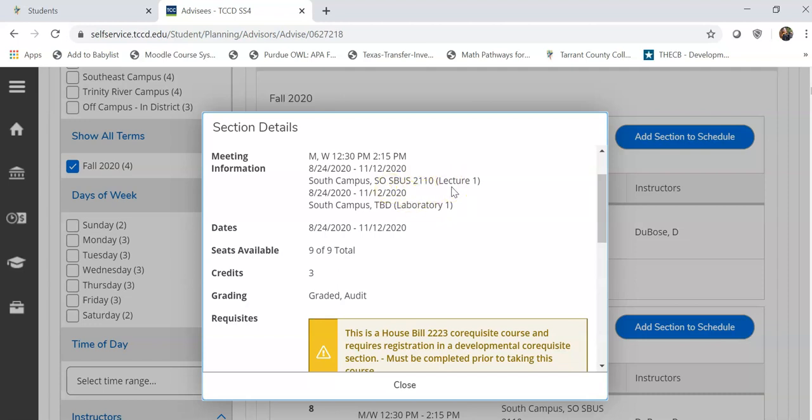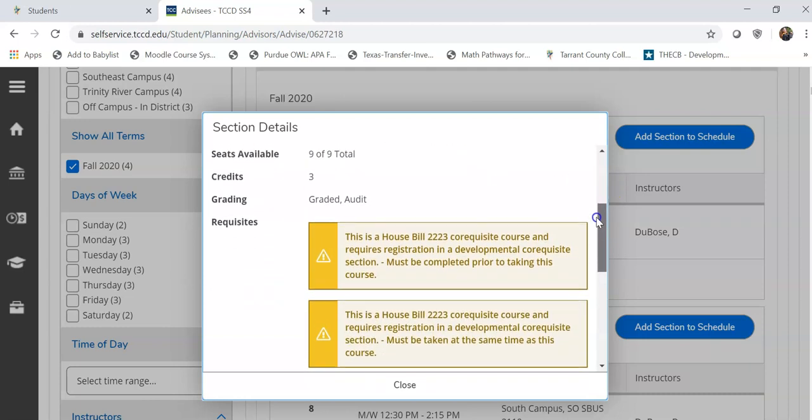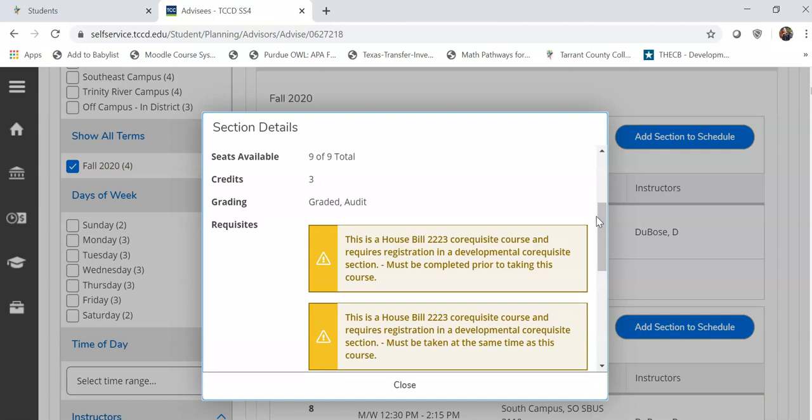So whether it's lecture style, online, or a combination of both. If it's self-paced or computer assisted, it will indicate that. It'll also tell you the capacity of the room, because that might be important for some of you. Some of you may not want a larger class. Some of you might want a smaller class. So it will tell you not only the overall capacity of the course, but how many seats are available.